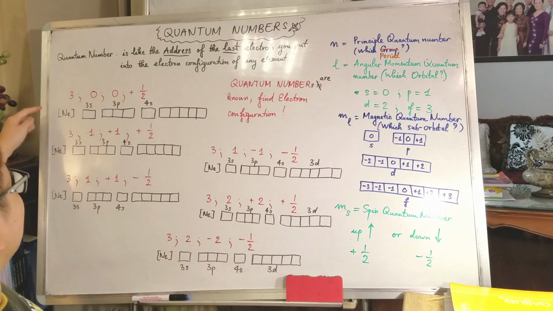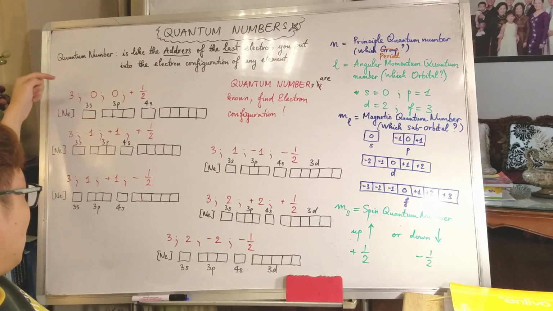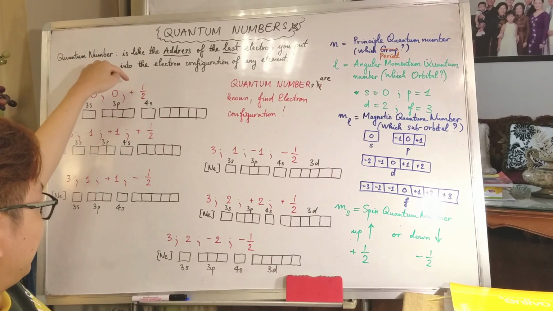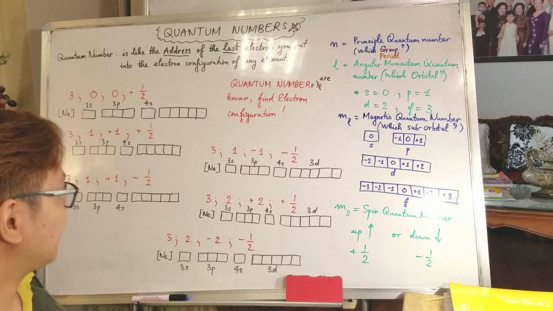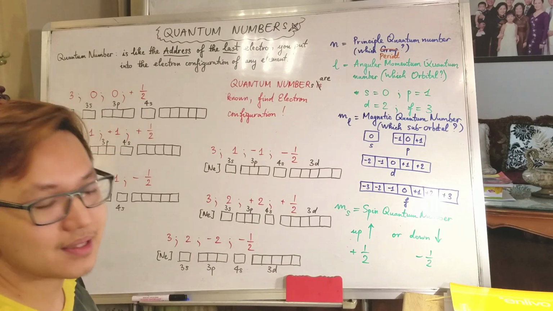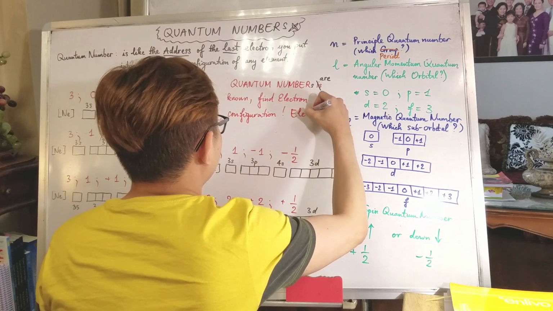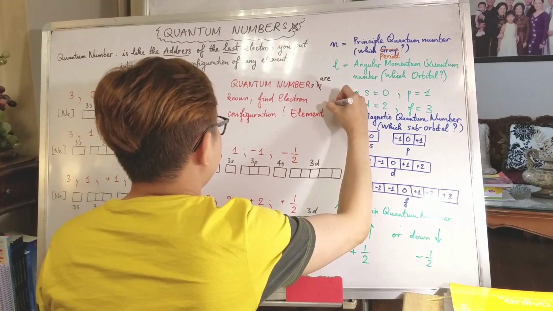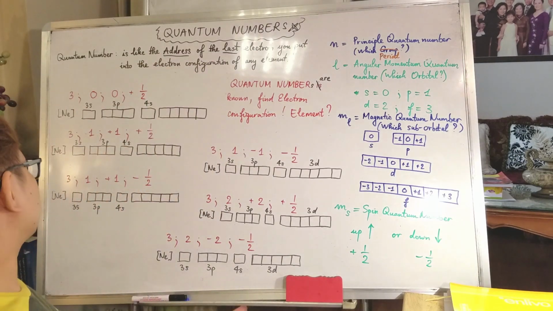Alright, so let's look at this case. You have 4 quantum numbers, 3, 0, 0, and plus half. So you have to find out the electron configuration and what element it is. So basically, look at this one.